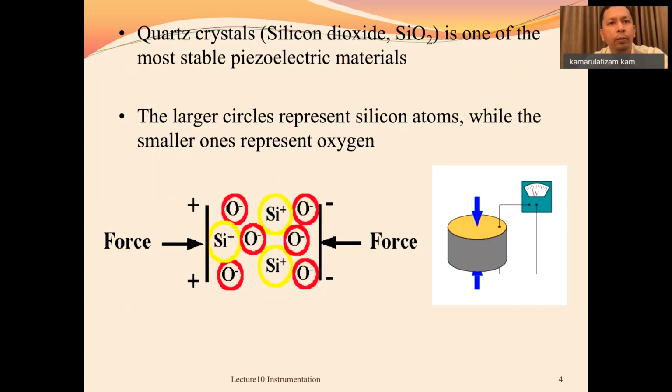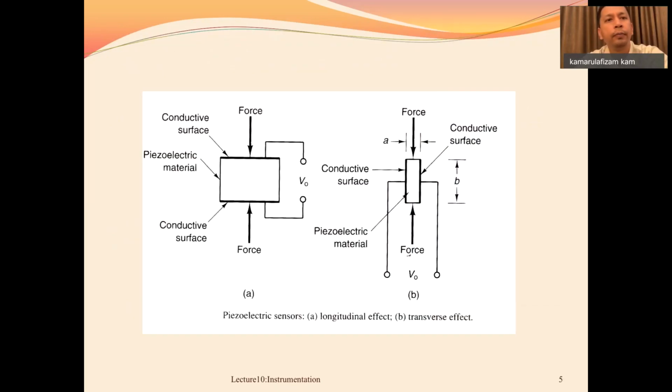When you exert force on the material, compressing or decompressing it, you force the silicon and oxygen atoms to move around, and this process puts out and gives in electrons to the atoms. This is where the electricity comes from.